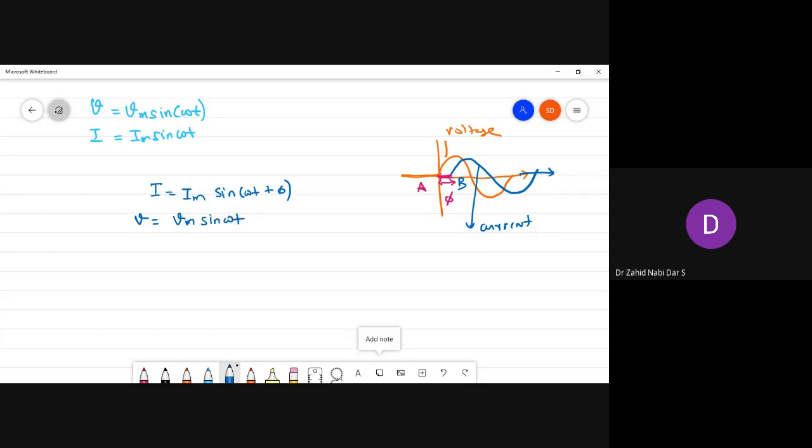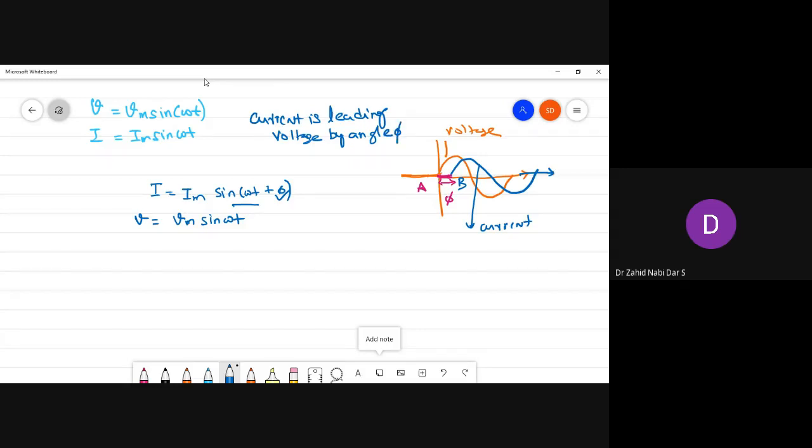So what I need is a phasor difference between these two quantities. Now, how do you represent the phasor difference between two quantities? I can clearly see my current is leading voltage. The current is leading voltage by an angle phi.